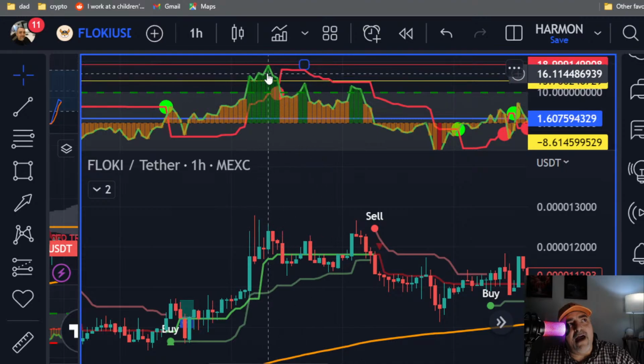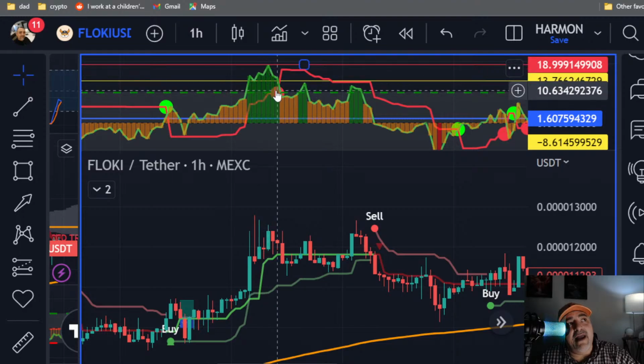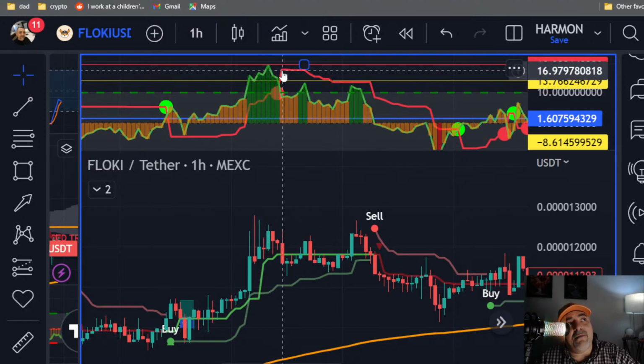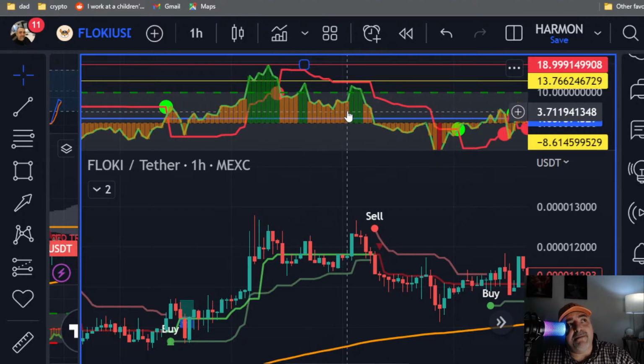Whenever the RSI taps that line, the green RSI taps that line, and then the red comes up close to it and starts to go flat, this is where I'm going to be looking for a short, okay? Meaning that I'm going to look for the coin to basically do one more push, right? Which happens right here.